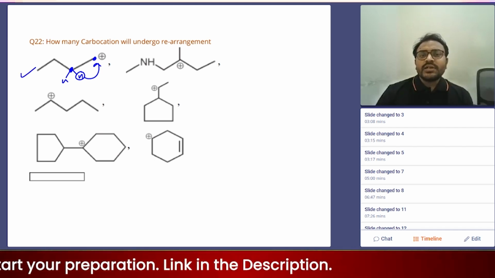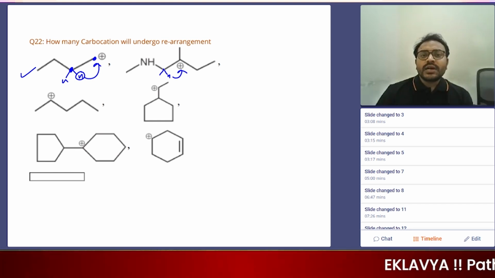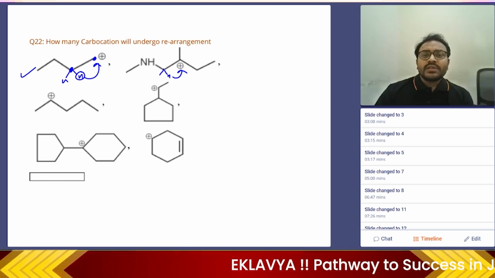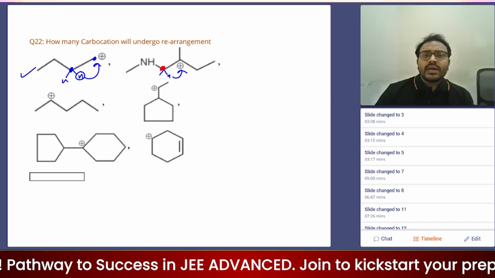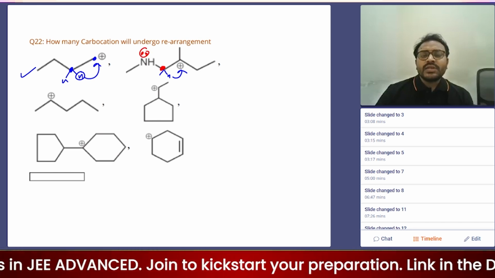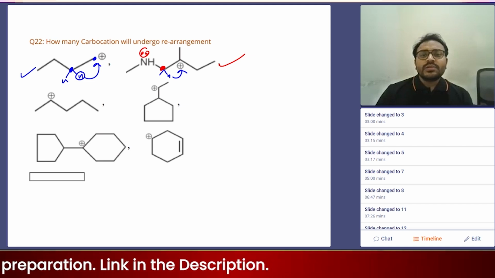Second one is 3 degree carbocation, but here also one hydrogen present, this hydrogen can shift here, and on this carbon positive charge will come after the rearrangement, and that carbocation is near to nitrogen, and nitrogen can show +M. So here also rearrangement possible.